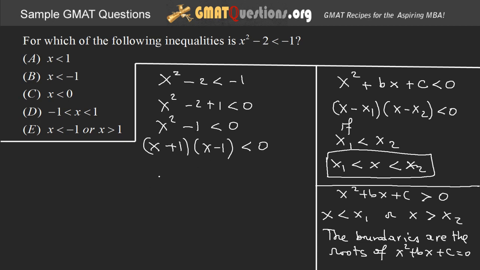So the game is essentially over here. The roots are negative 1 and 1. So negative 1 should be less than x less than 1. Negative 1 and 1 are the roots, and x must be trapped between those two roots as we said here.